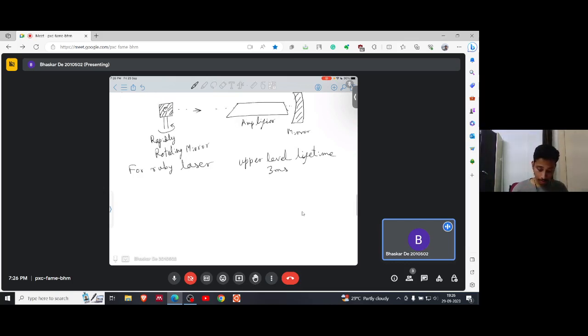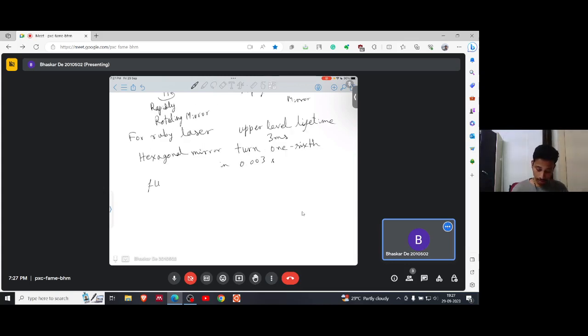So then this hexagonal mirror will turn 1/6 in 0.003 second, or a full turn in 0.018 second.